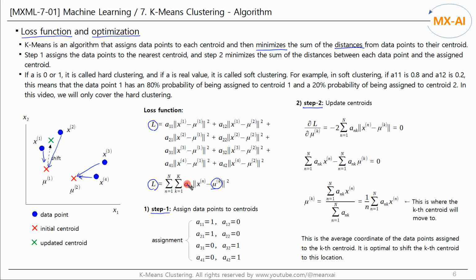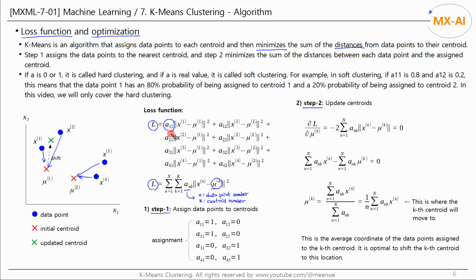where A is whether to assign or not. The first subscript is the data point number, and the second subscript is the centroid number. A11 is whether to assign the first data point to the first centroid.